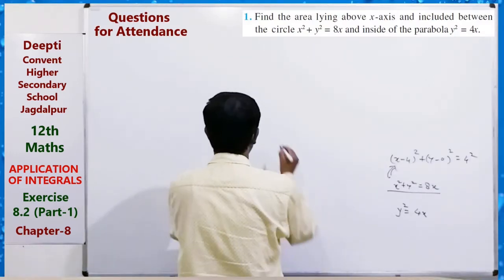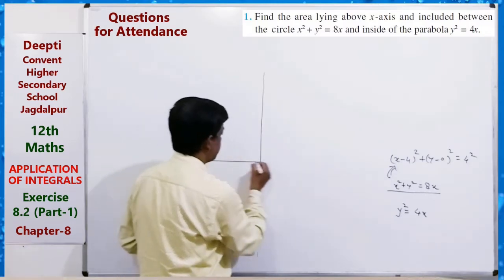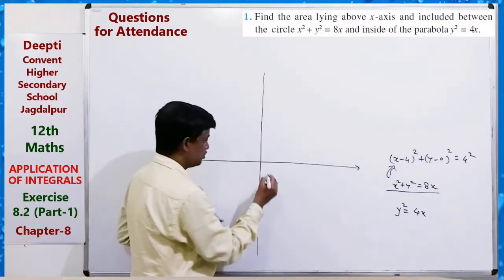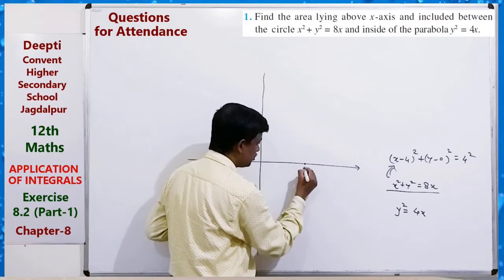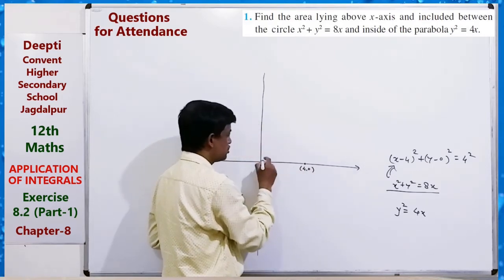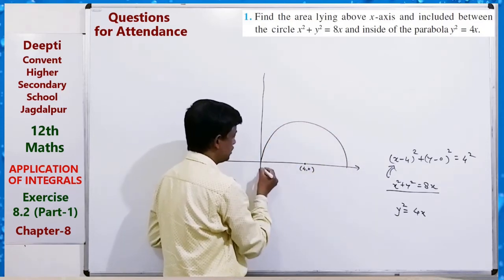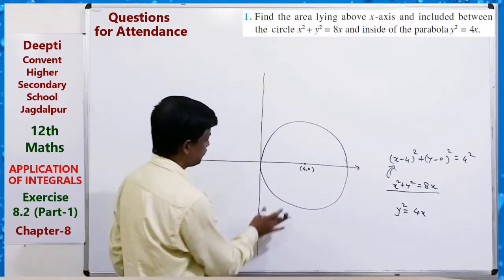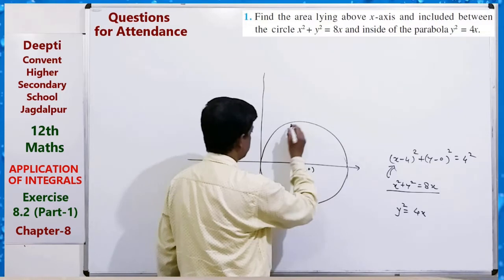How? The circle has center at (4, 0), and if this is (4, 0), then this is 4, so the radius is also 4. So the circle is this. Clear?